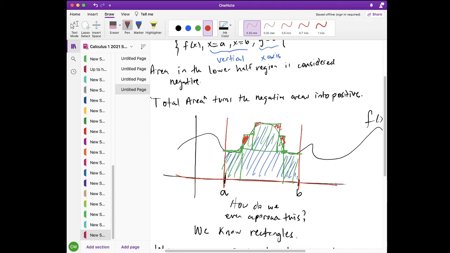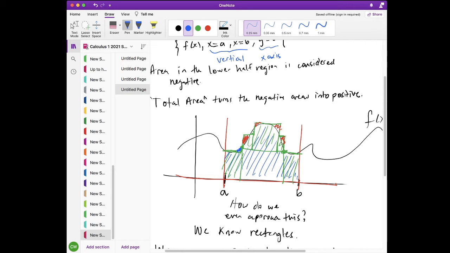So, I mean, that's not a very ordered way of doing it. I didn't really put any rhyme or reason to why I made those rectangles that way. So we're going to come up with a technique, an algorithm, to accurately approximate a curve.